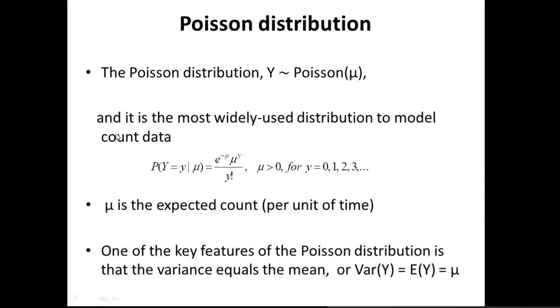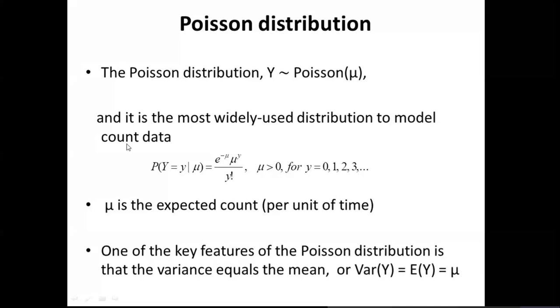So, for example, if the average number of myocardial infarction is 3 per year, the average number of MI per year is 3, then the probability of getting zero number of MI per year will be what? E the power of minus 3, 3 the power of 0 over 0 factorial.